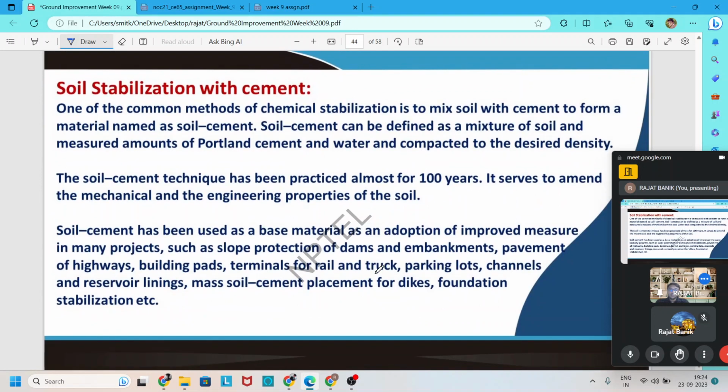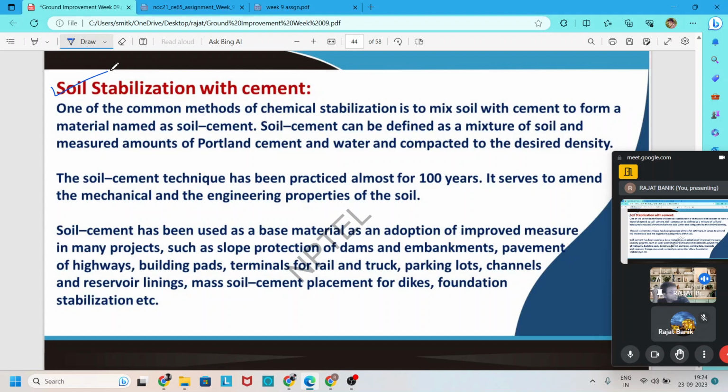Now we discuss cement stabilization, or soil stabilization with cement. One of the common methods of soil stabilization is to mix soil with cement to form a material known as soil cement. Soil cement can be defined as a mixture of the soil and measured amounts of Portland cement and water, compacted to a desired density.